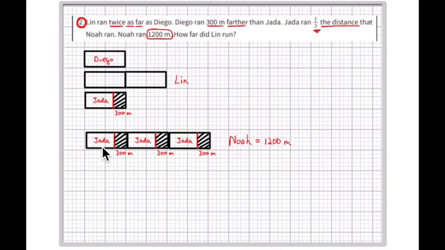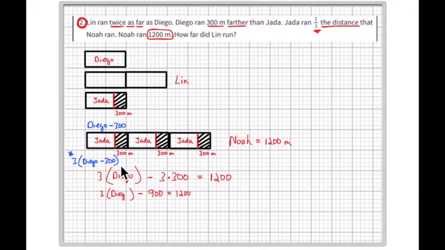You could call Jada just this part, just labeled Jada, or Jada is also the same as Diego minus this 300. So we use that Diego minus the 300 in the algebra on the last page. So 3 times Diego's run minus 300, which is Jada, gets a little bit confusing, is equal to 1,200 meters.